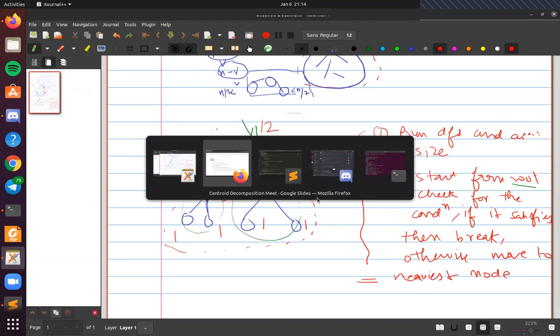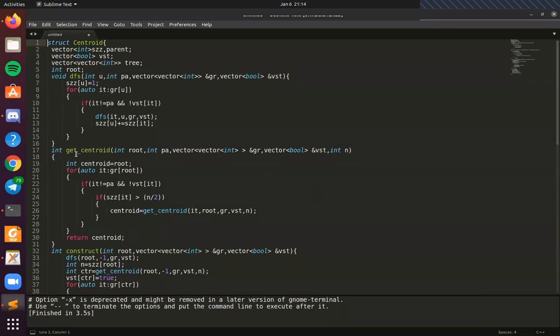So I will show the code for finding the centroid. So this is the code. We initialize the centroid with the root, and then we check. We have done the DFS initially. The DFS is for assigning the sizes to the subtrees.